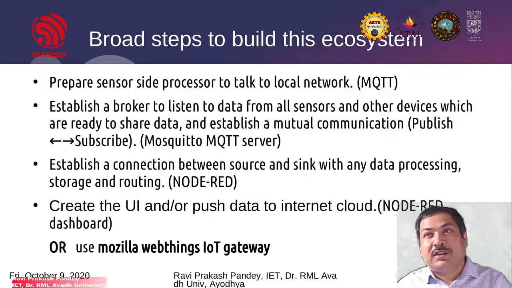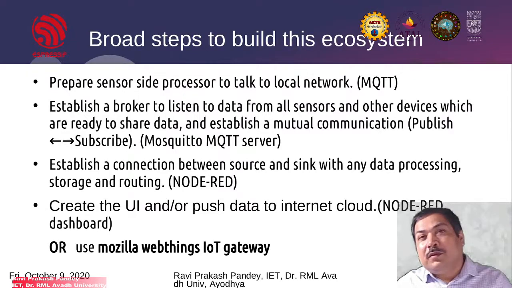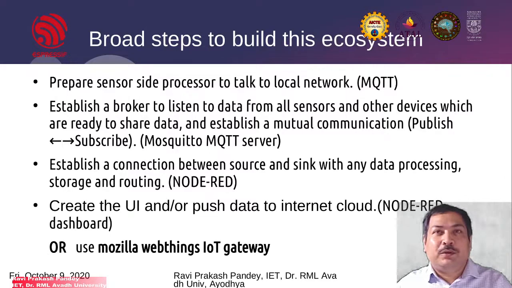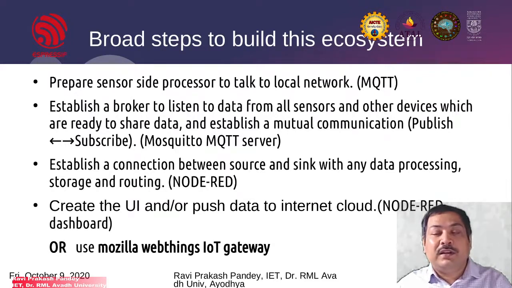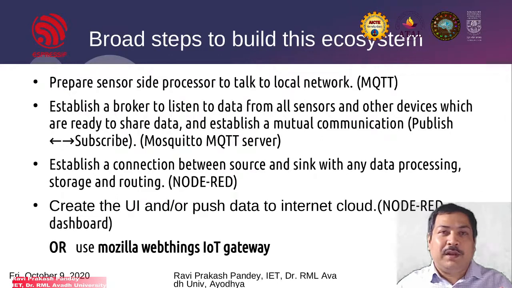They have subscribed to that data. And the AC is listening to us, it has subscribed to the data, and the moment this data reaches the value of 27, the AC gets turned on. So you can program the system like that.